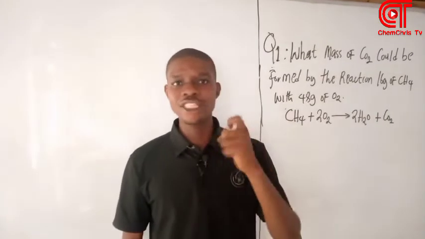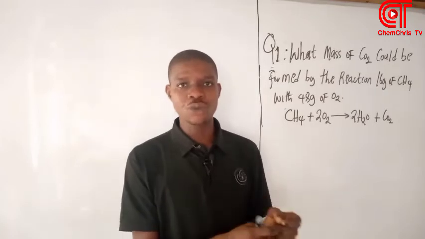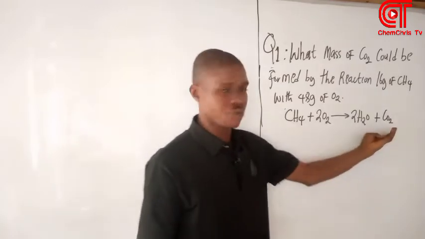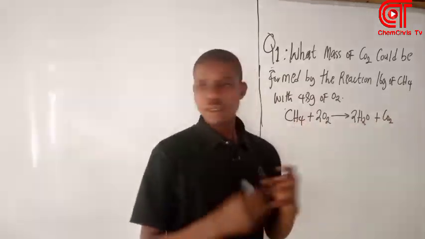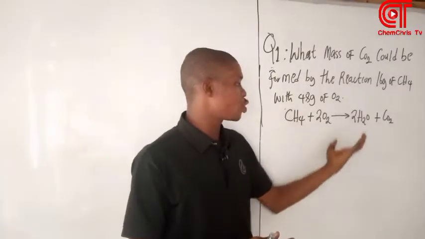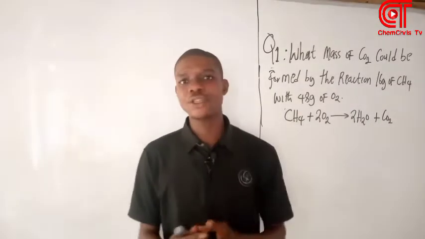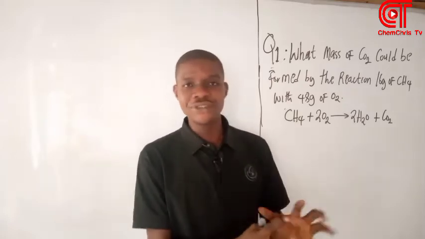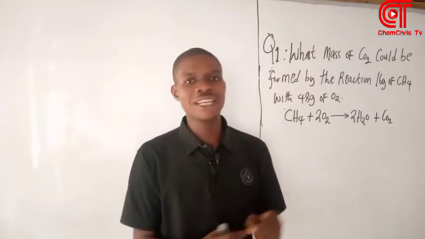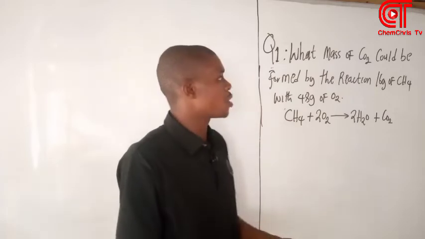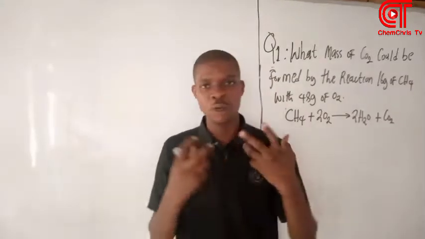The least mass produced is the mass of CO2 produced. Now I'm going to show you a simple method to solve this. With this method, you can identify the limiting reactant, the reactant in excess, and also get the amount of CO2 that is produced.